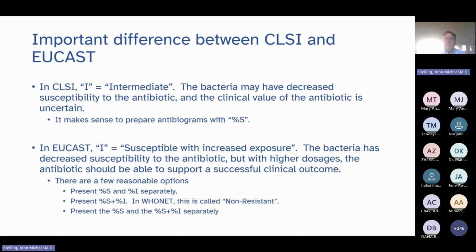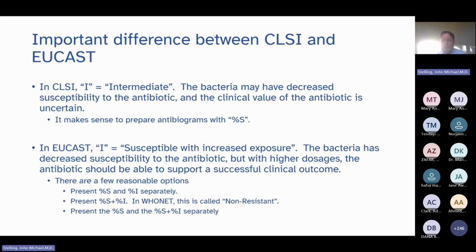And then, I don't recall exactly, maybe 5-6 years ago, EUCAST said, well, I means susceptible with increased exposure. In other words, from a clinical perspective, the patient should respond to treatment. They're saying the bacteria has somewhat decreased susceptibility to the drug, but with higher doses, there should be a successful clinical outcome.